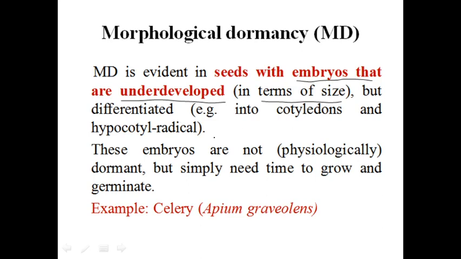These embryos are not dormant, but they need time to grow and germinate. It means they have a specific period for their germination, and afterwards they germinate. The example is Apium graveolens.